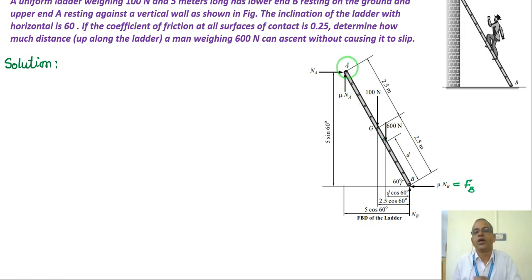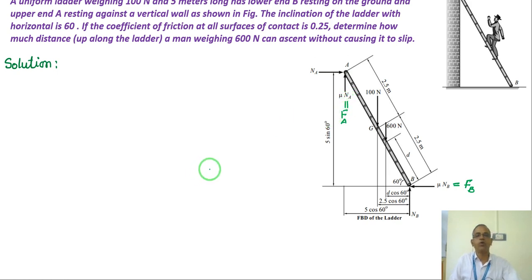Similarly, the ladder is also resting against the wall, so the wall is vertical, so my normal force is horizontal, and the ladder slips down, right? Here at this point it comes down, so the friction force is upward. So this I can also write as FA, or directly I can use mu NA.